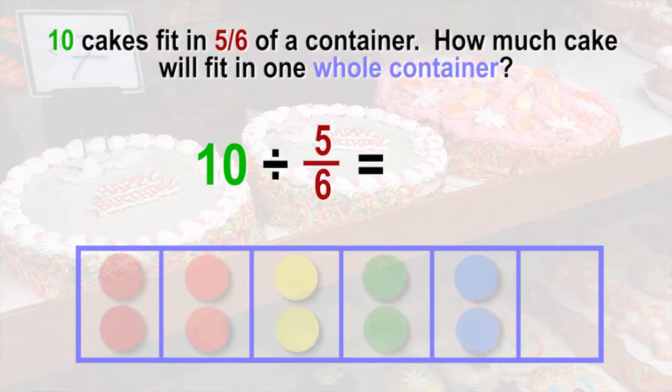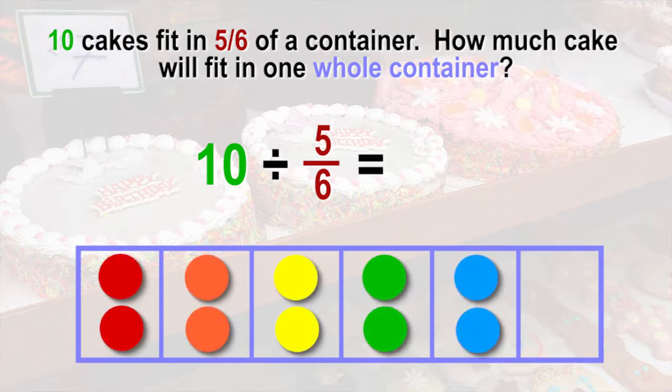Since we have 10 cakes, 2 will go into each of the 5 sections, since 10 divided by 5 equals 2. If 10 is enough for 5/6, how much is enough for 6/6 or one whole? If we place 2 cakes in the final section, we have a total of 12 cakes. 10 divided by 5/6 equals 12.